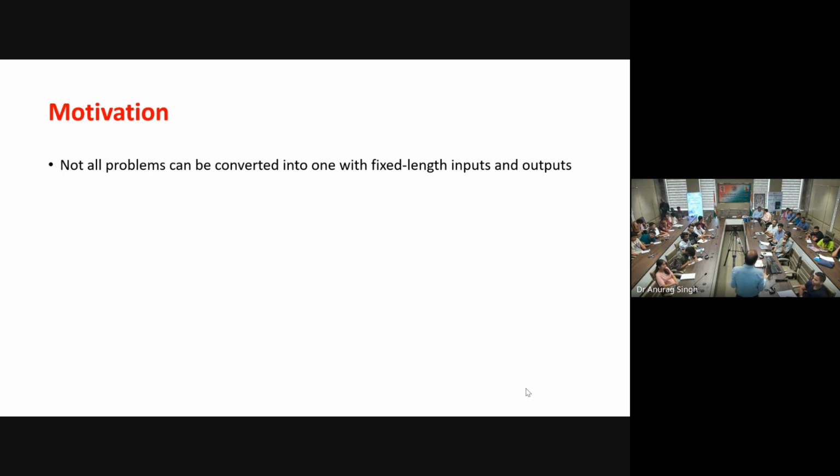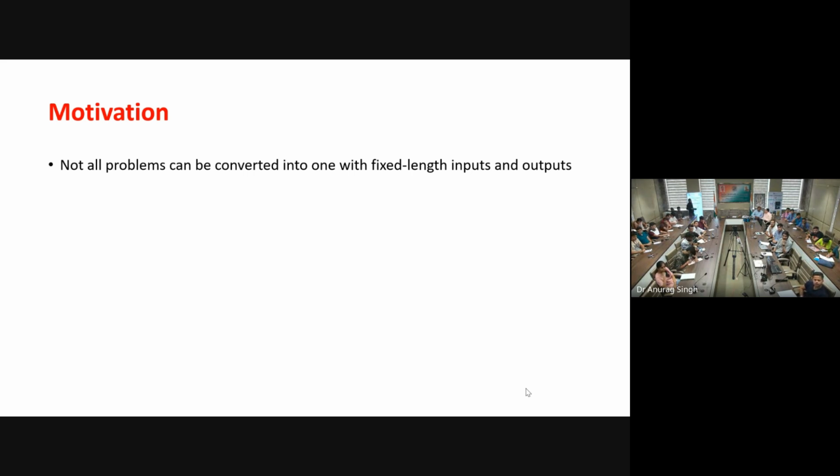Can I solve such a problem with the help of an artificial neural network? You don't have a fixed size. You will see we can solve such problems with the help of recurrent neural networks. So not all problems can be converted into ones with fixed length inputs or fixed length outputs.